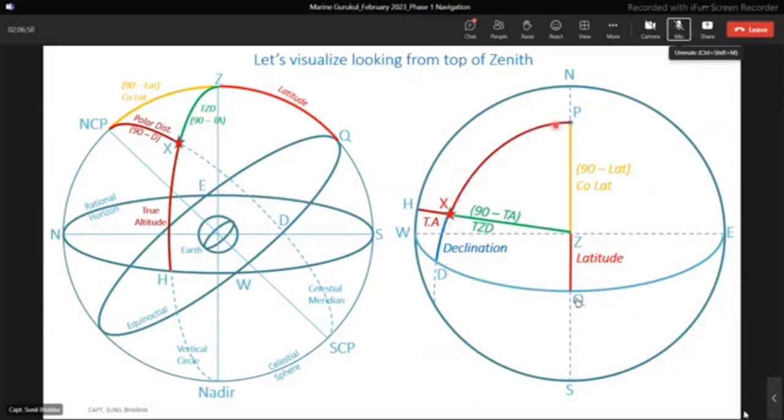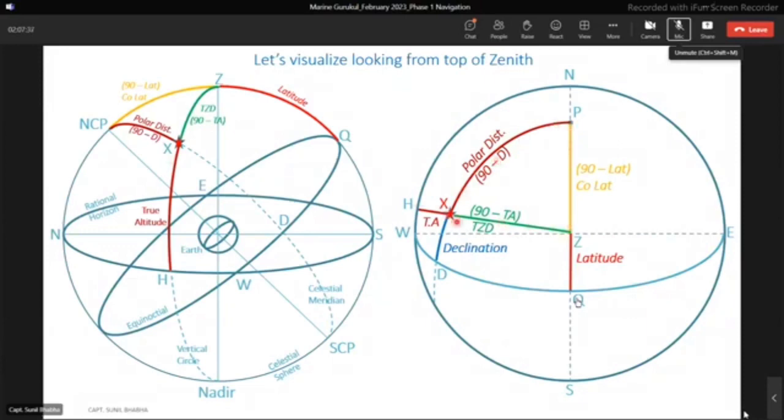The arc highlighted in maroon color now is 90 minus declination, and it is the polar distance of the body. You can correlate it to the celestial sphere diagram also. D to X was the declination, X to P is the polar distance, which is 90 minus declination. So you can see now all the three sides of the PZX triangle shown in the rational horizon plane.